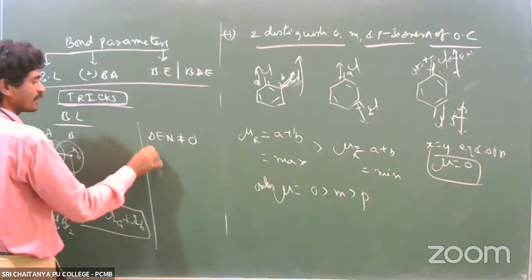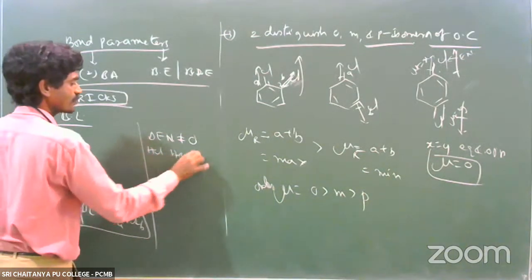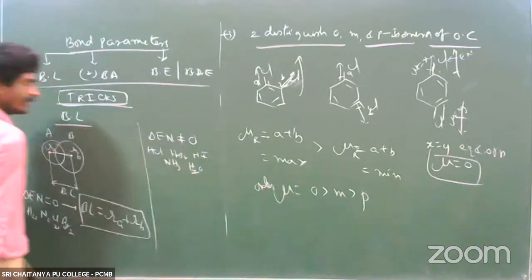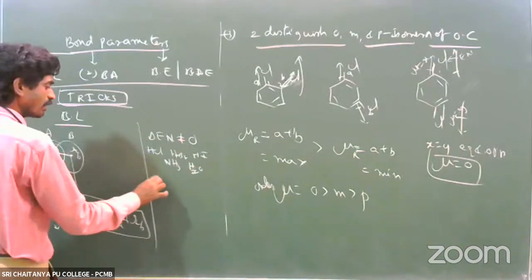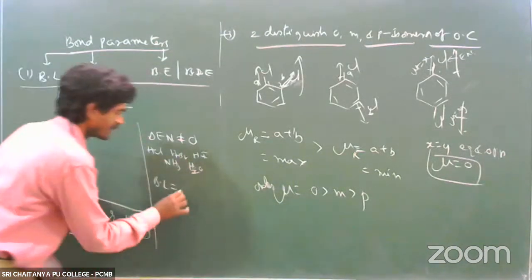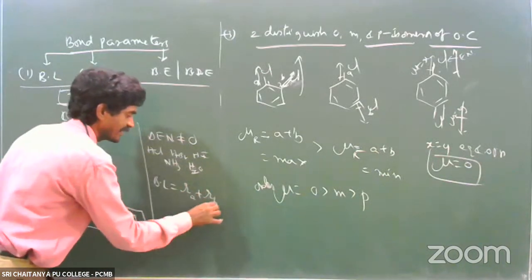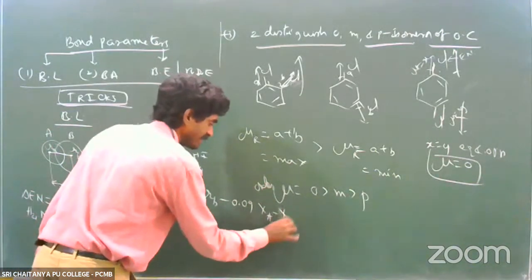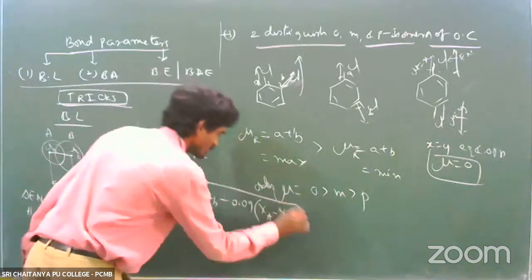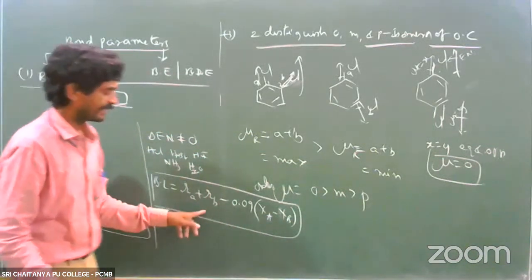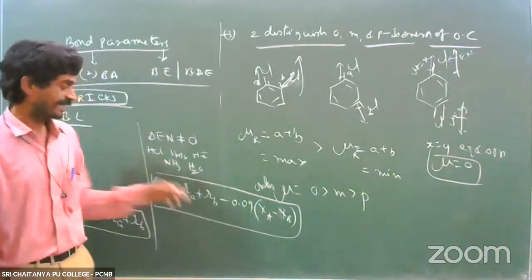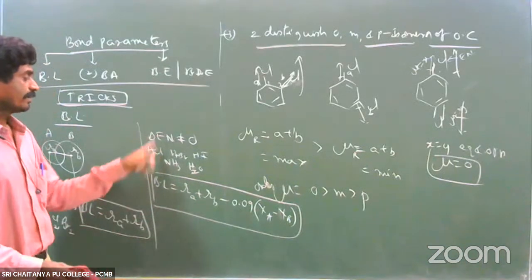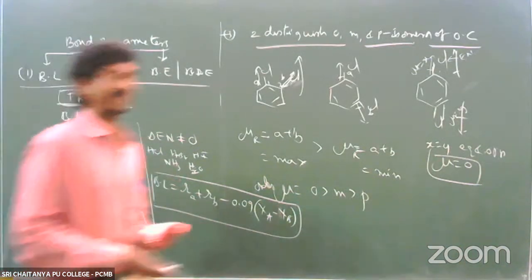For example, HCl, HBr, HI, NH3, H2O, etc. In this type of heteroatomic molecule, the bond length is calculated using the formula: radius of atom A plus radius of atom B minus 0.09 into (XA minus XB). Here RA is the radius of atom A and RB is the radius of atom B, XA is the electronegativity of atom A and XB is the electronegativity of atom B. So by using this formula, we can calculate the bond length of heteroatomic molecules.